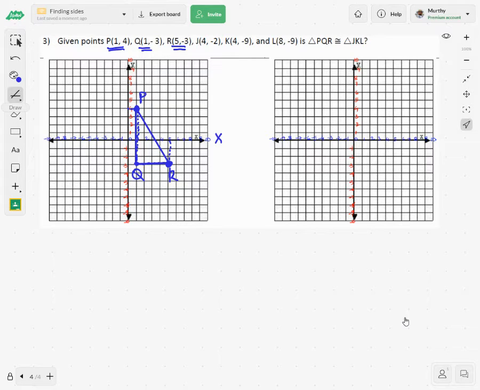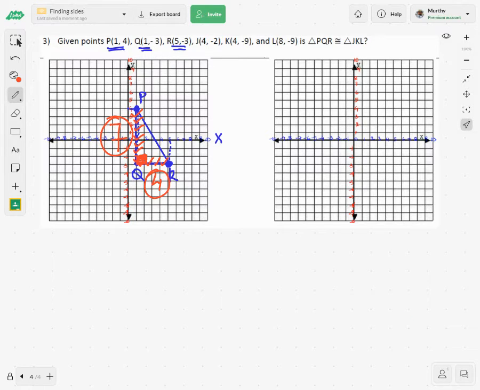Like the previous problem, I already explained this kind of question. So 1, 2, 3, 4, 5, 6, 7. So 7 blocks vertical, and horizontal 1, 2, 3, 4. The angle in between is for sure 90 degrees because we are using vertical and horizontal lines.